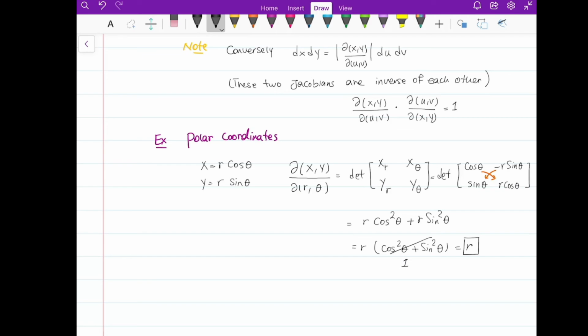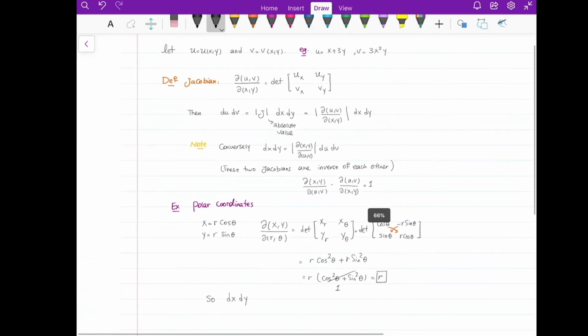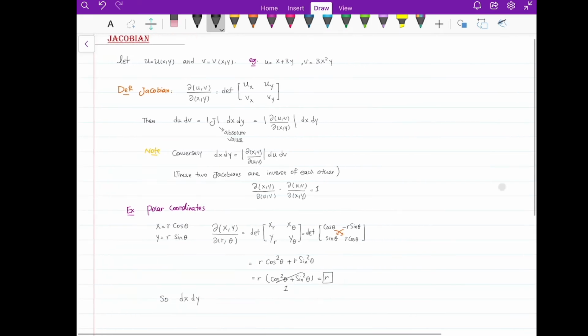That's why I can say that dx dy would be the Jacobian of x and y, which would be just r, and then dr d theta.